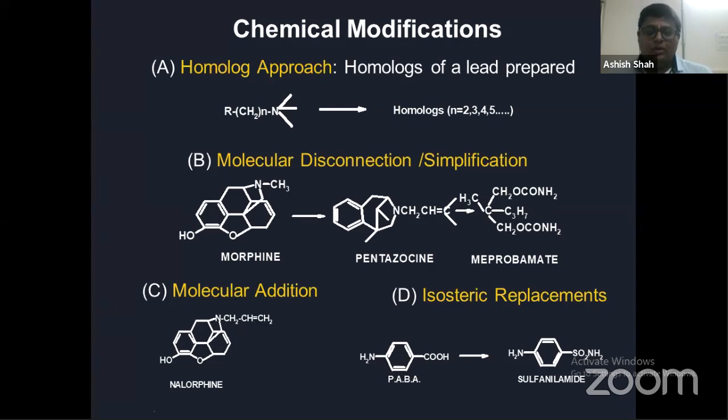In molecular addition, you just add some functional groups or atomic groups to your molecule and you will get the activity. If you do it in morphine, like over here, CH3 is replaced by CH2-CH=CH2, and you will get nalorphine. So the third approach is molecular addition.